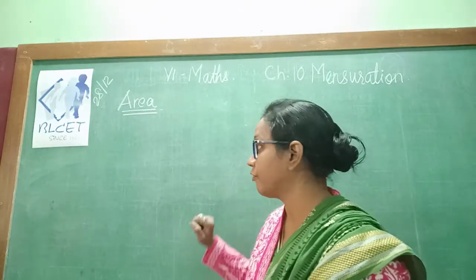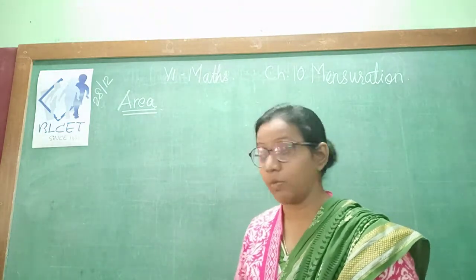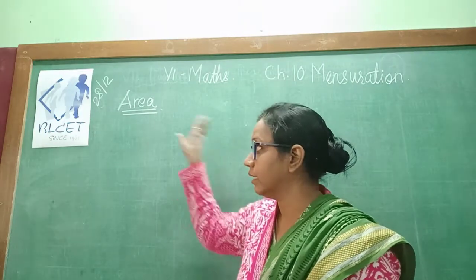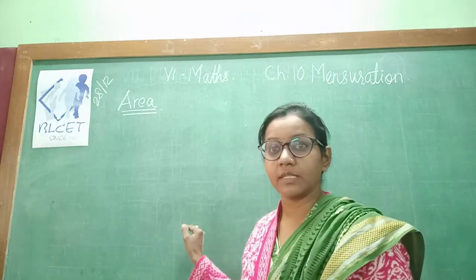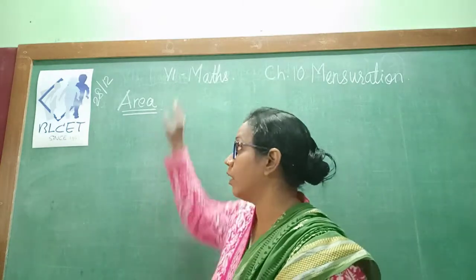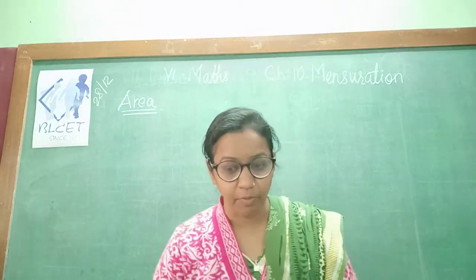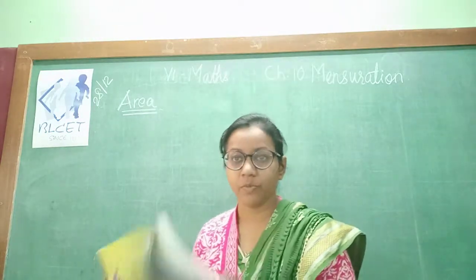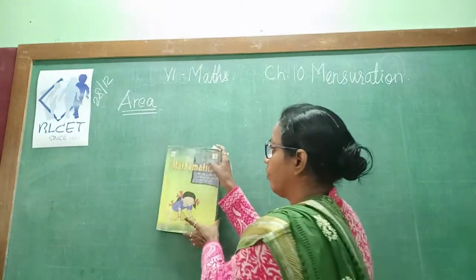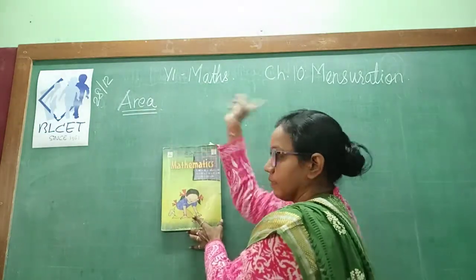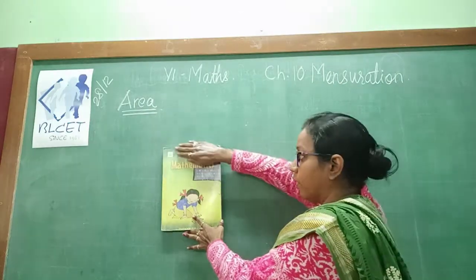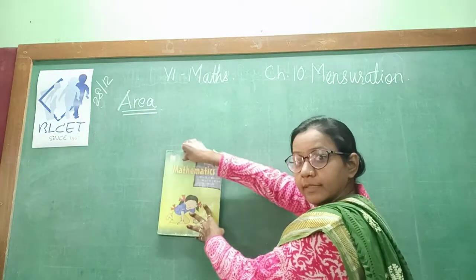But suppose I want to find the area of this blackboard. So whatever portion this object covers on this wall, that is its area. Suppose this is your textbook, and I keep the textbook on the blackboard. Then what is the area covered by this textbook?